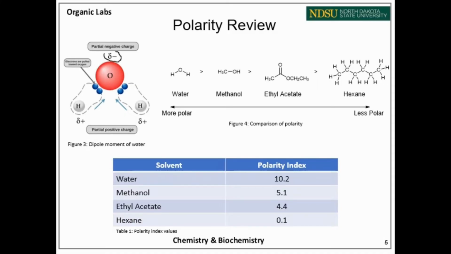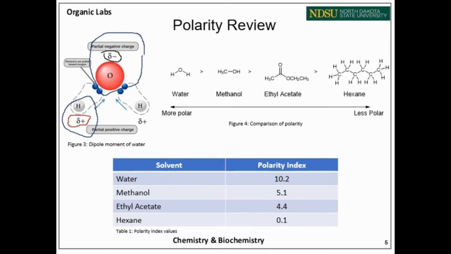This is indicated by the partial negative and the partial positive, which indicate a dipole moment. Another way to think about it is that the electrons are going to be more localized in this oxygen area versus this hydrogen area because of oxygen's higher electronegativity.